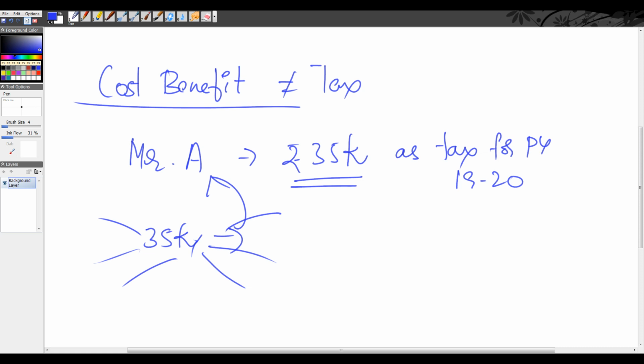Of course not, because tax, as we know, is not a cost benefit analysis. A cannot say, this is the cost which I have incurred, where is my benefit? This is not possible, because that's the nature of tax. The government may spend as and when it wishes to, in whichever area it wishes to.